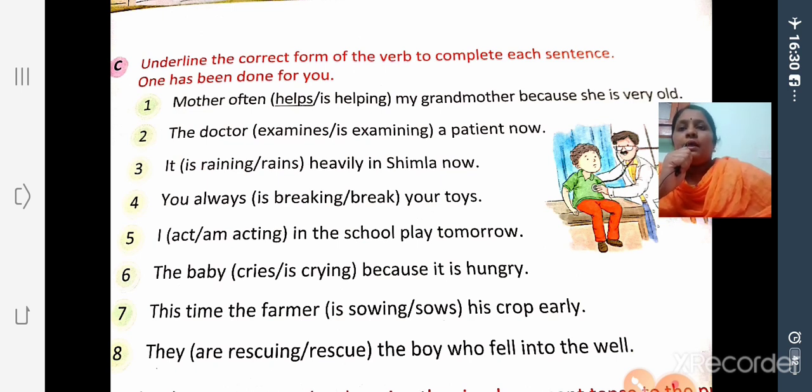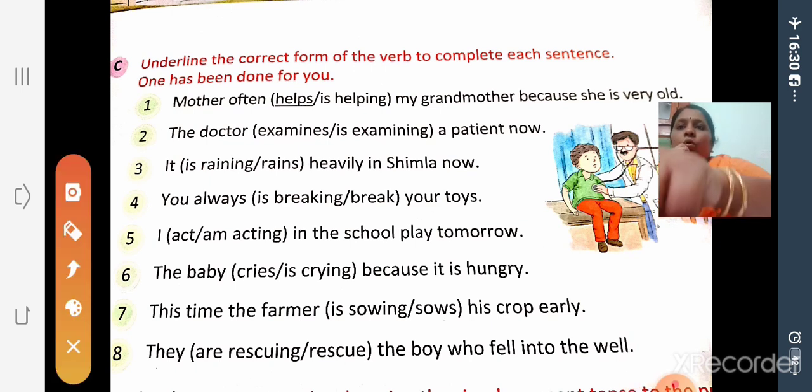Mother often helps or is helping my grandmother because she is very old. So mother often, meaning regularly, so it is a regular action, so helps is the answer.